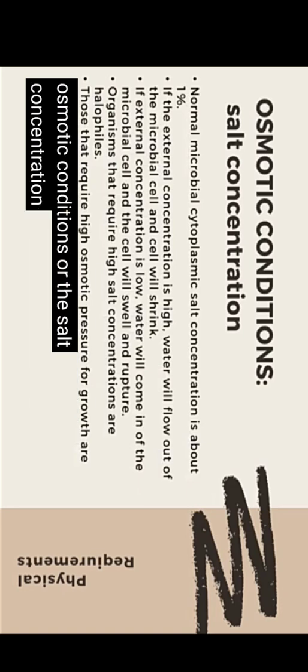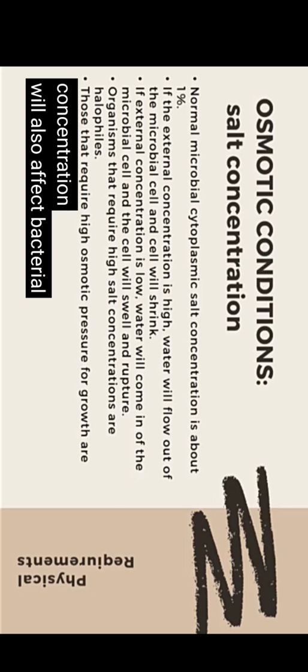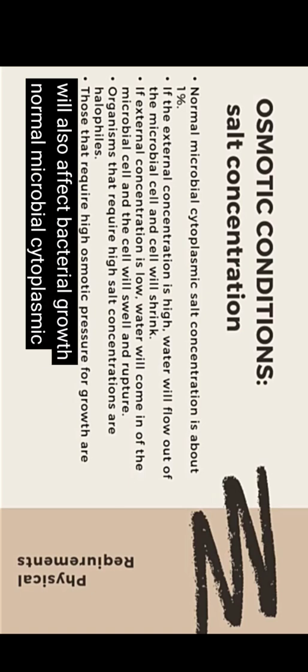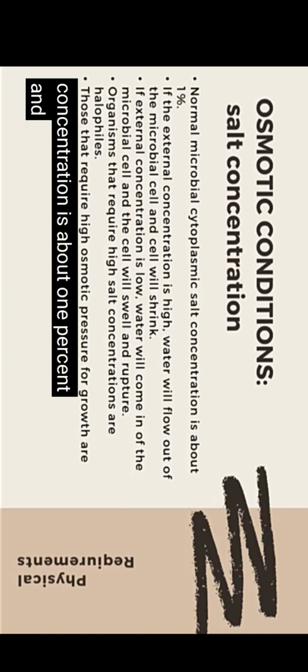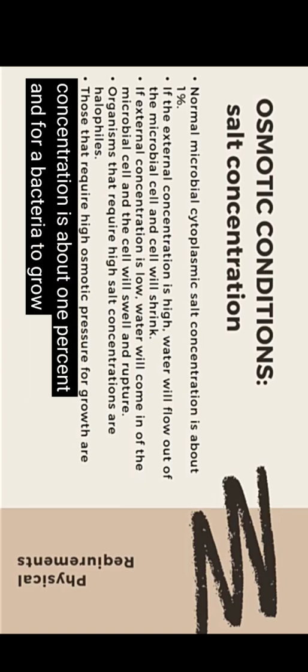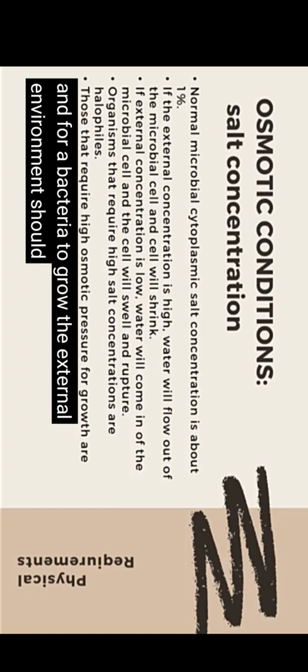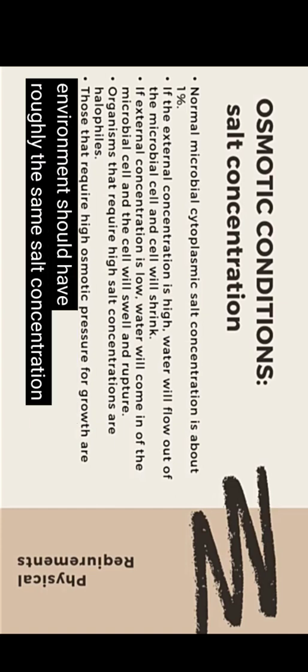Osmotic conditions, or the salt concentration, will also affect bacterial growth. Normal microbial cytoplasmic salt concentration is about 1%, and for a bacterium to grow, the external environment should have roughly the same salt concentration.